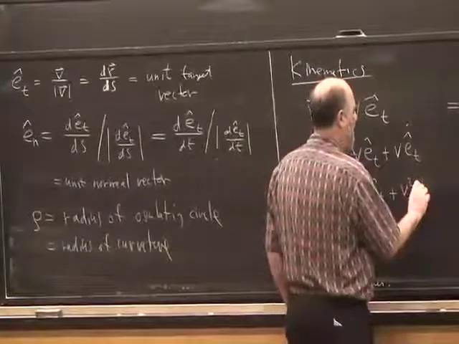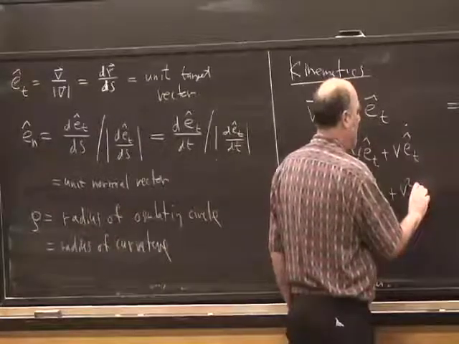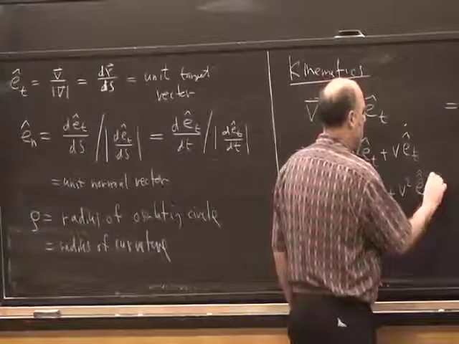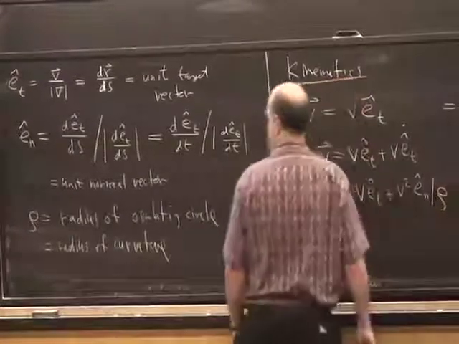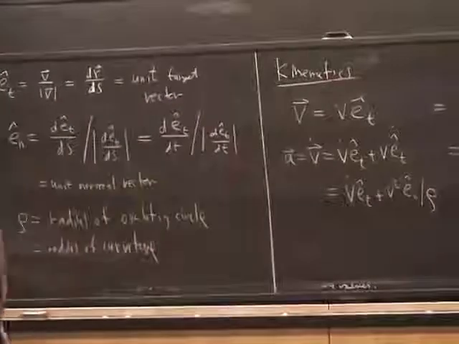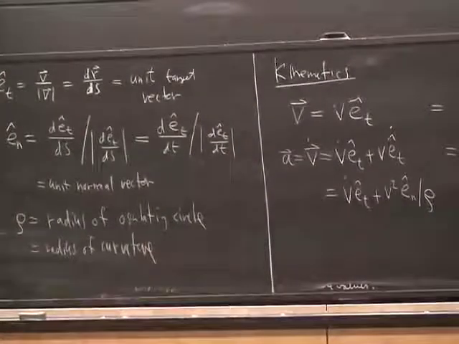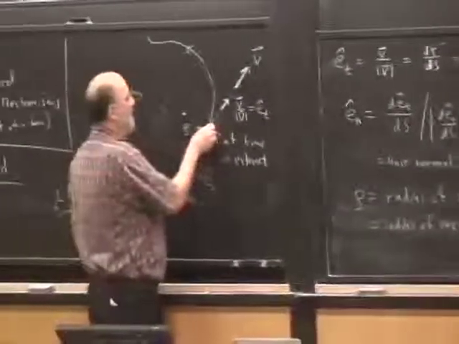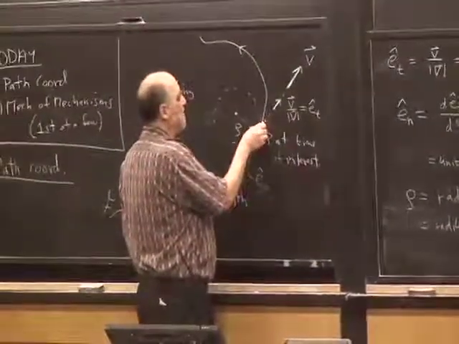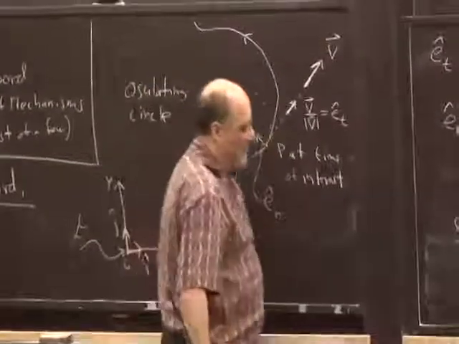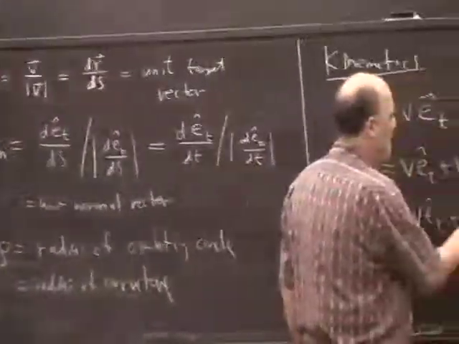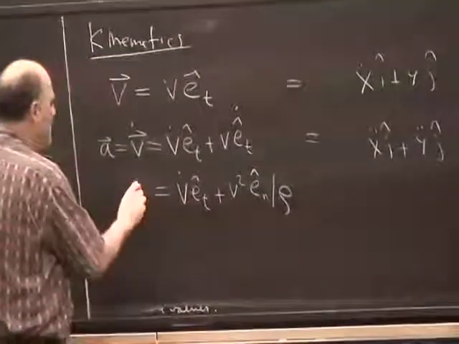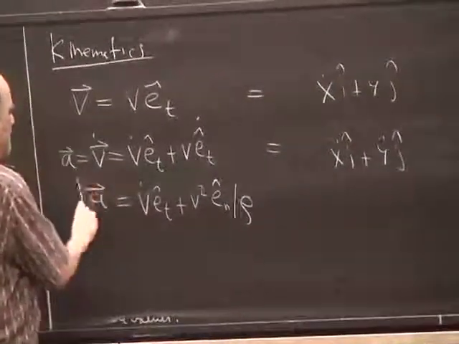But et dot is certainly going to be proportional to v, and it's going to be in the en direction, and it's going to be divided by this radius of curvature. Now, why is that? That's an extra little bit of geometry that says that this unit vector changes per unit arc length depending on the radius. So I'm going to skip that geometry just to save time. But this is the key formula here.